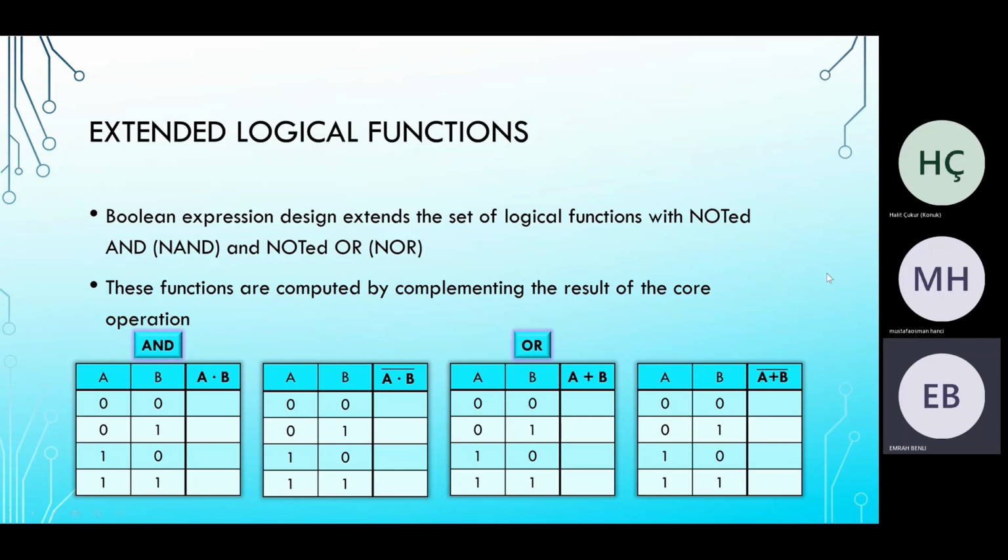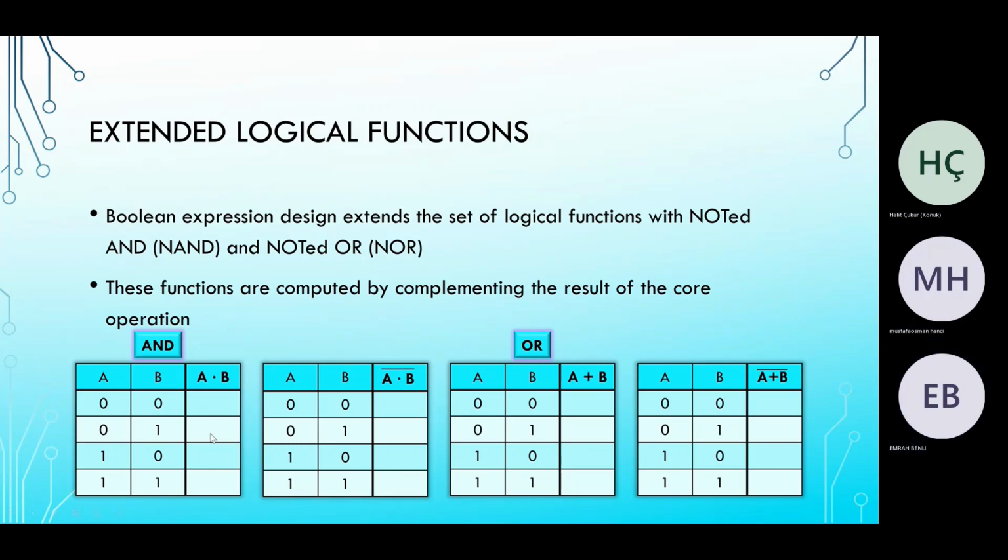So let's look at those now. We already know those two. We have AND and OR. A and B, what was the output of this? Can anybody guess it? Do you remember? What is the output of AND operator? We have these two, A and B is 0. 0.